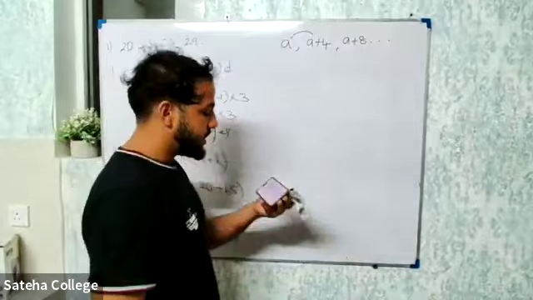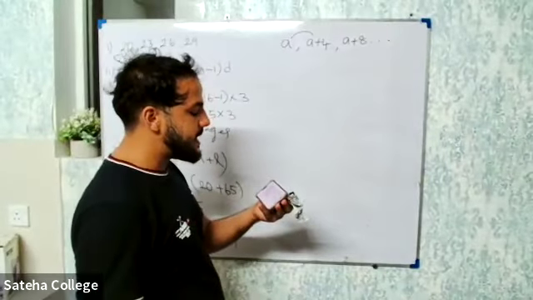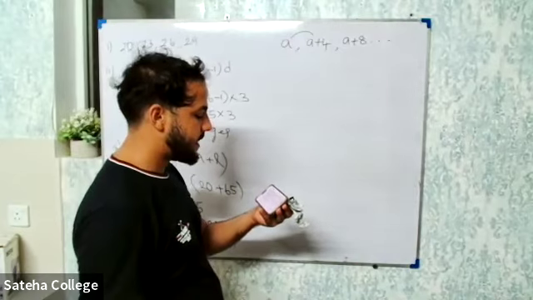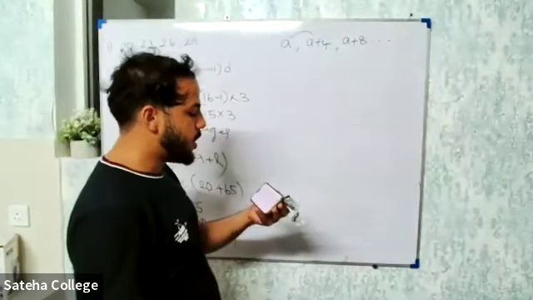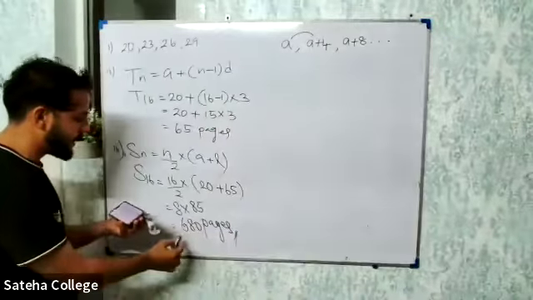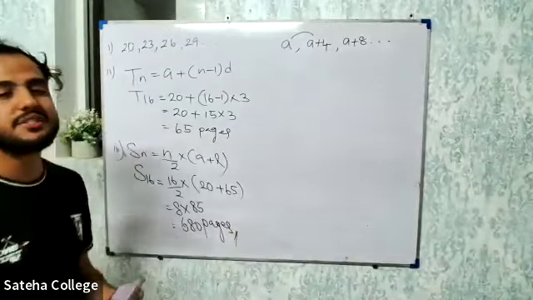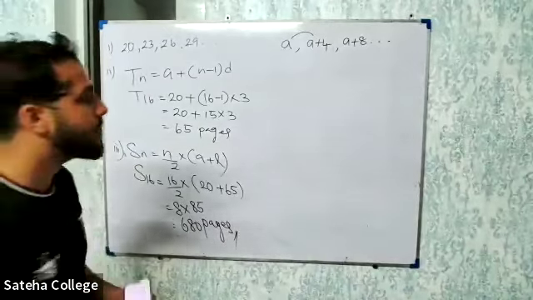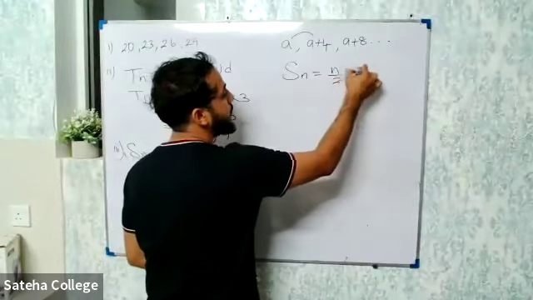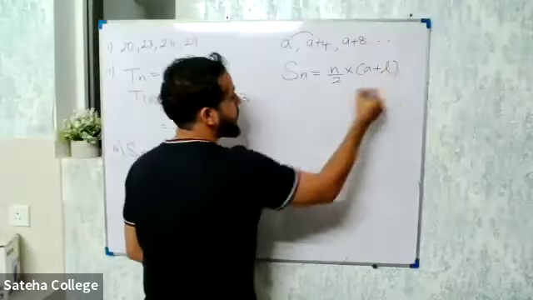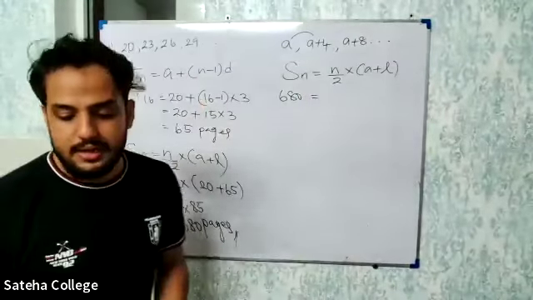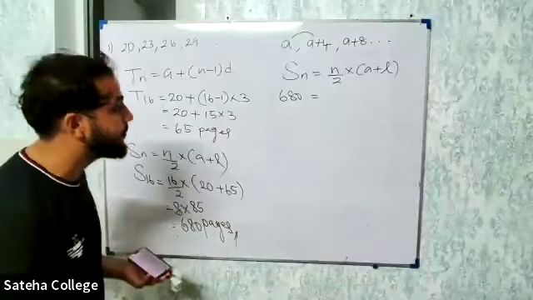Now, she's taking 17 days, more than Amala, right? So then, we know the total number of pages. The same novel, right? So again, there are a total of 680 pages. Okay. Now we can apply the Sn formula, n over 2 into A plus L. Now we know in total anyway, Sumana also will read the same novel, 680, right?